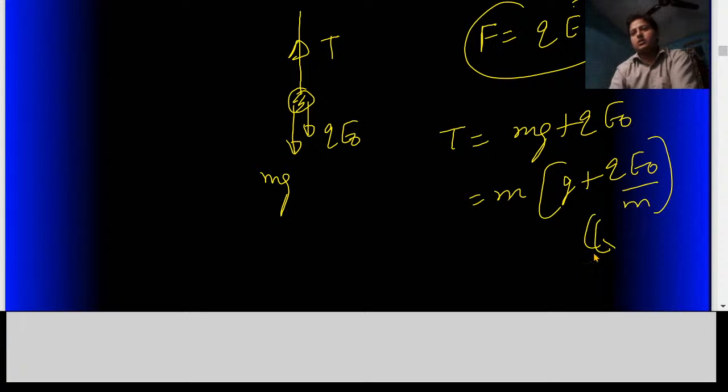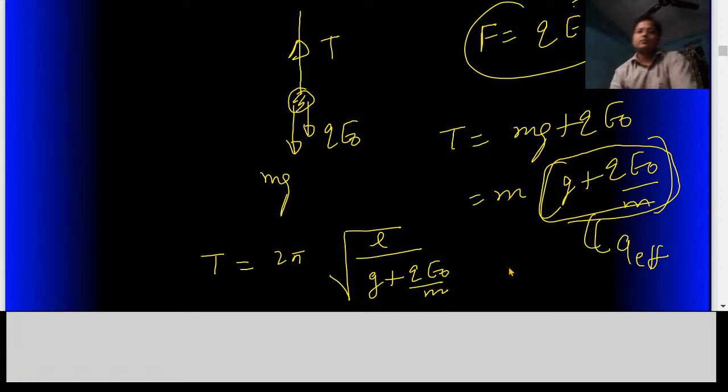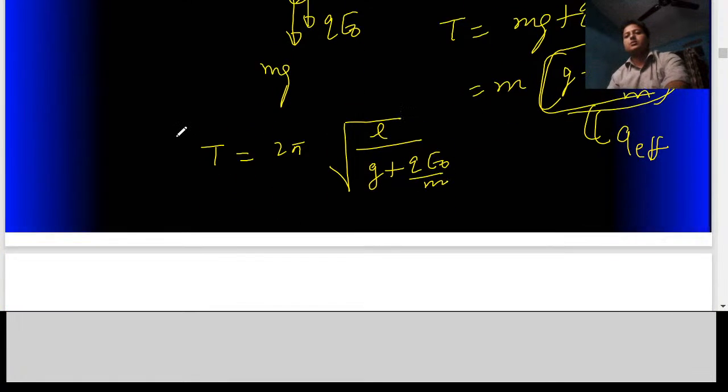So this is our required effective acceleration. So time period comes out to be 2 pi under root L over g plus q0 E0 over m.